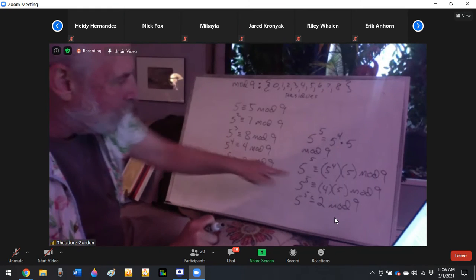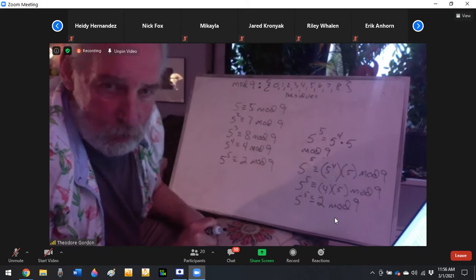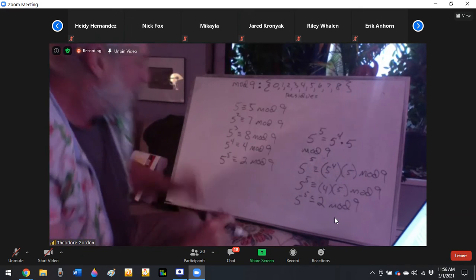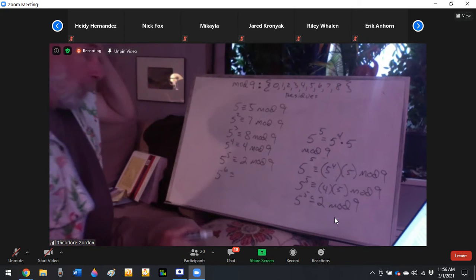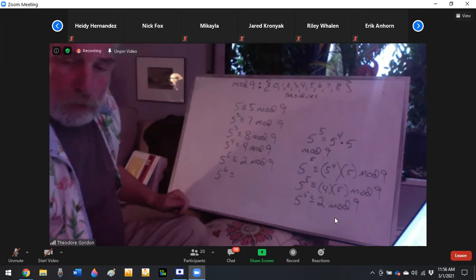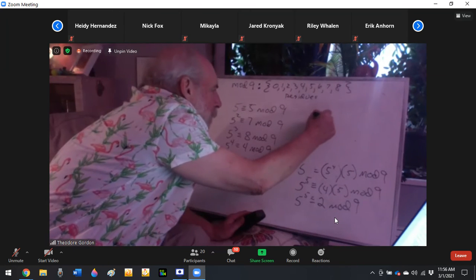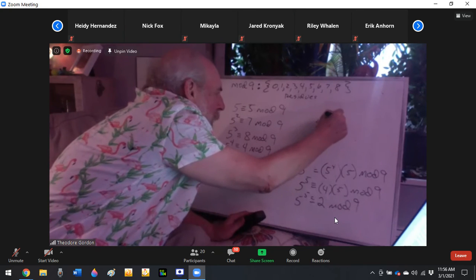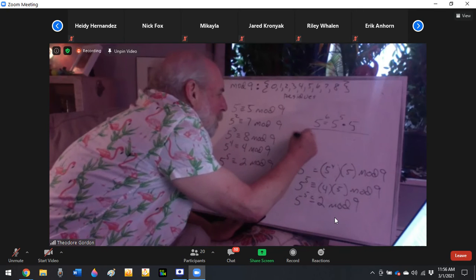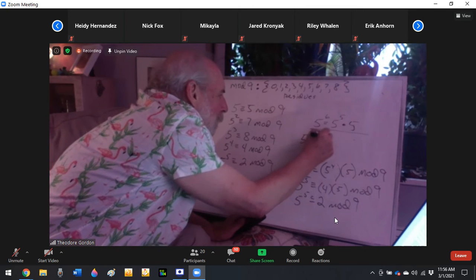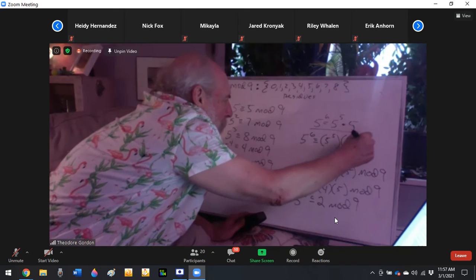I'm breaking big numbers down by doing the mod reduction first. And now I know that 5 to the sixth, in mod 9 world, is equal to 5 to the fifth times 5, but working mod 9, 5 to the sixth is congruent to 5 to the fifth times 5 mod 9.